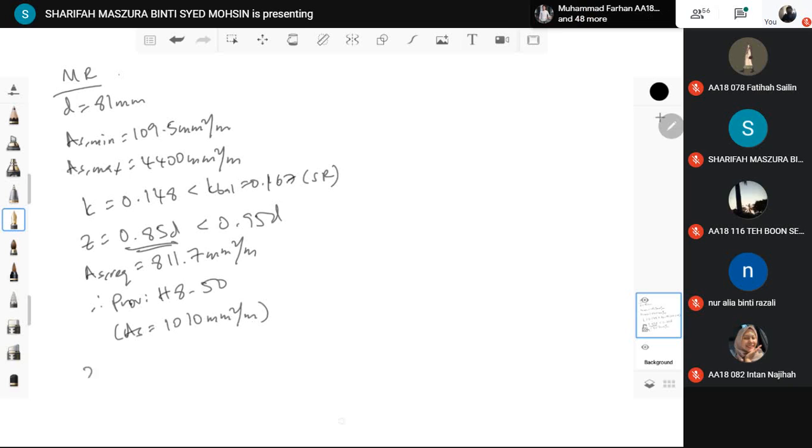So 20% of the as provided is equal to 202 millimeters square per meter.